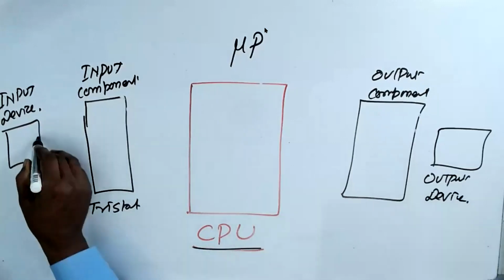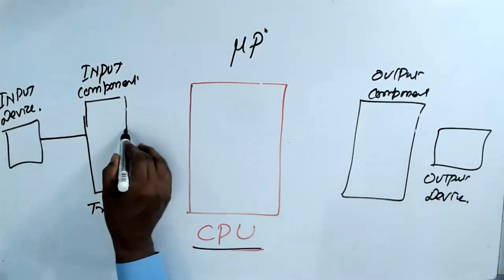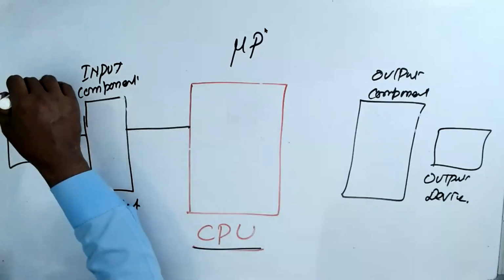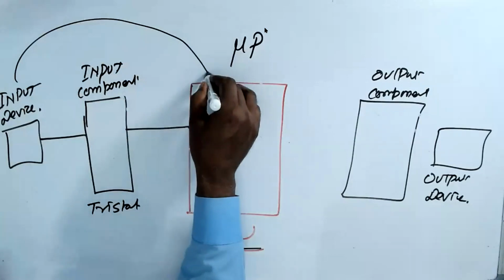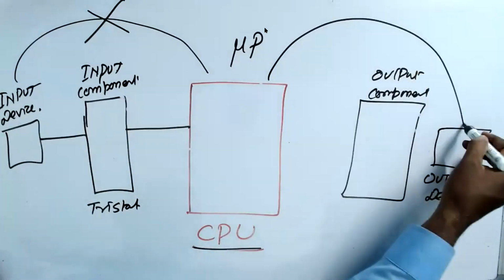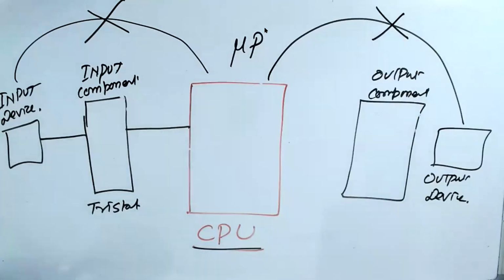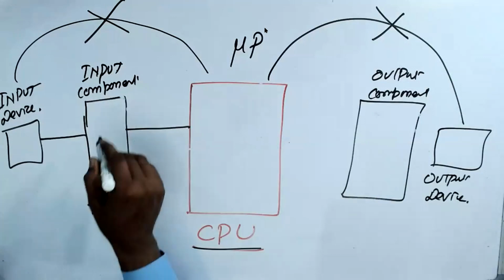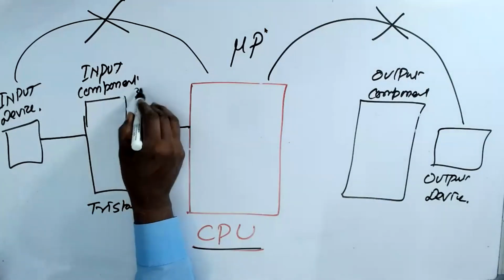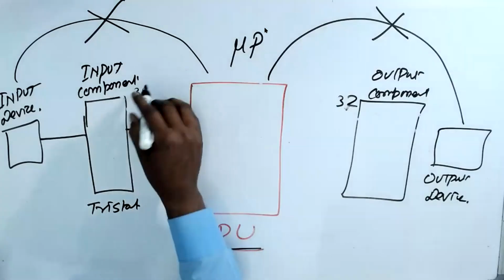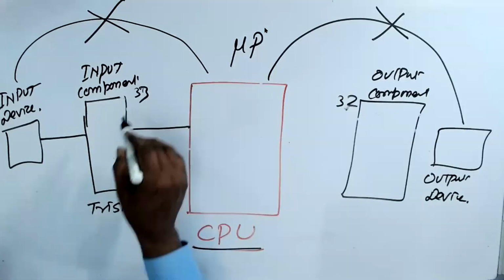You connect the input device to the input component and read it. You cannot connect an input device directly to the microprocessor. This is not possible. In the same way, the microprocessor cannot talk to the output device. It needs a component to do that. And this will have an address, 34, 33, like that, 32, 33 like that. This is the address of the device.